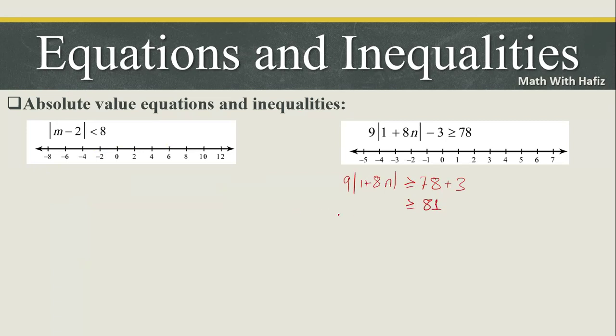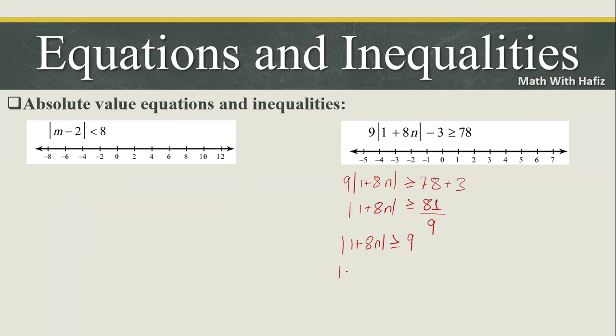81, and then we have |1 plus 8n|, and as you can see here, 9 is in multiplication. On the other side, it should be in division, so you will have |1 plus 8n| is greater than or equal to 81 divided by 9. It is 9. So from here you can remove the absolute value operator.